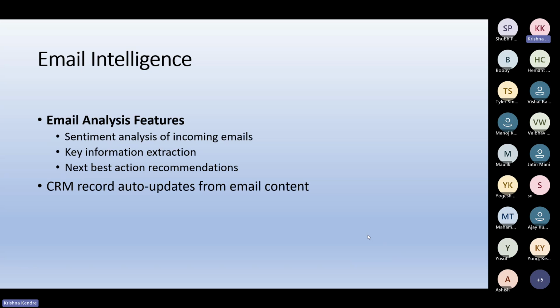CRM record auto updates from the email content is perhaps the most powerful feature: auto updating CRM records directly from the emails. Copilot in Dynamics 365 has the ability, if you get an email from the customer regarding a lead into your Outlook and you have integrated Outlook with Sales, to automatically create a lead or opportunity from Outlook without entering the CRM.